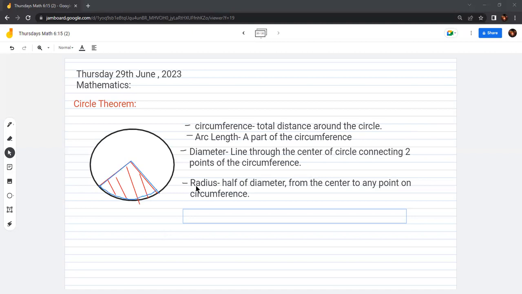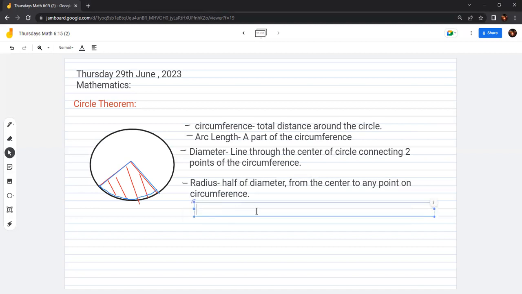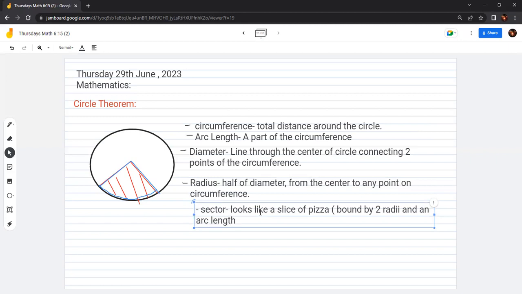That's your sector. It looks like a slice of pizza, and it's bound by two radii, that's the plural of radius, and an arc length, or I could just say an arc.